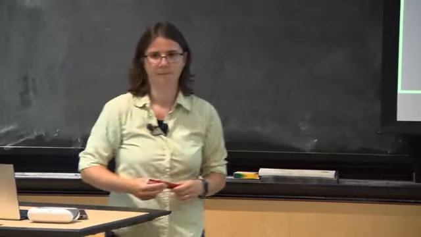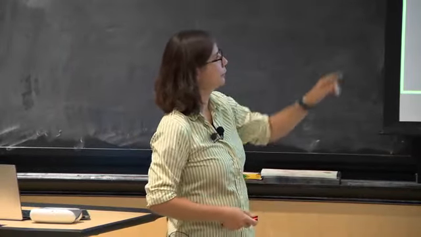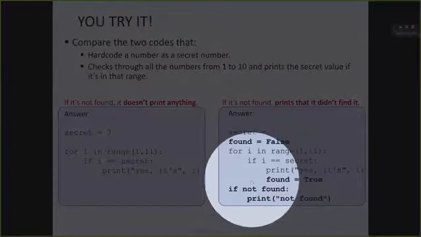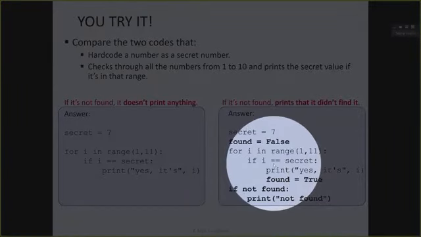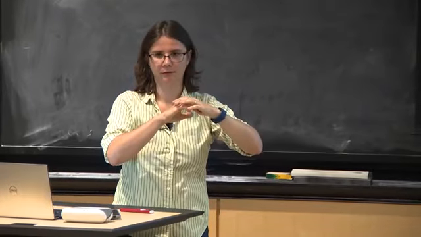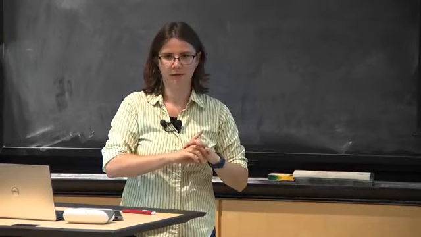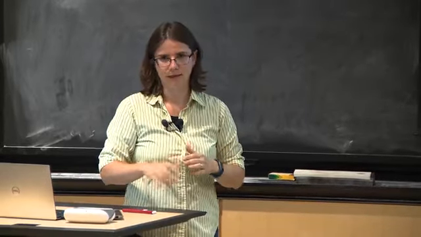Can you explain why you don't use else on the found code? I don't use else in the if or down here? In the if? So we don't use the else inside the if i equals secret because that if or else will be done every time through the loop. And I only print that we didn't find it one time at the end, right?